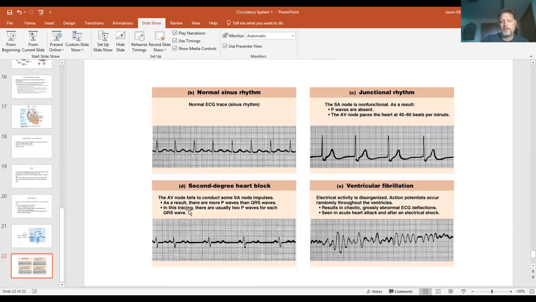This one's called a secondary block. So the initial impulse is going, but it's not continuing the whole time. This one's actually skipping a beat, which is never good. You don't want your heart to skip a beat. I can't tell you exactly what it does. Again, that's not my area.